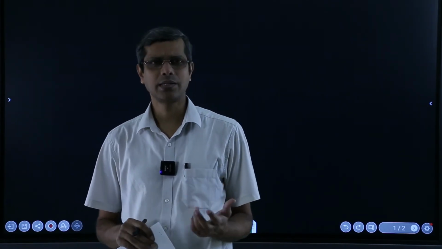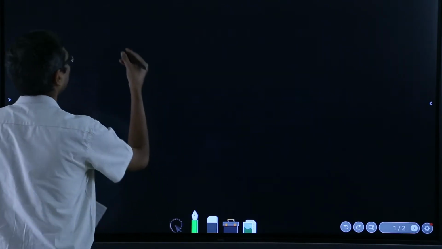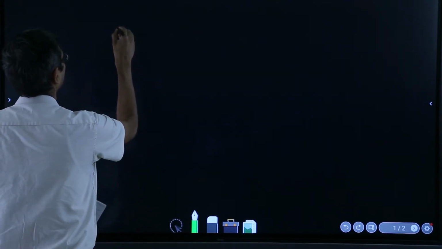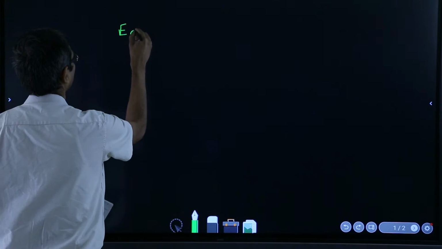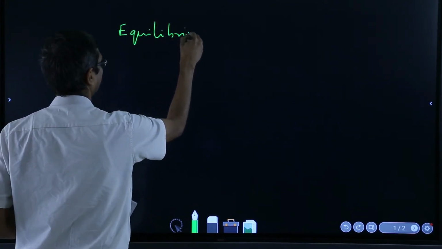And when we say balance, the technical term we will be using is equilibrium.